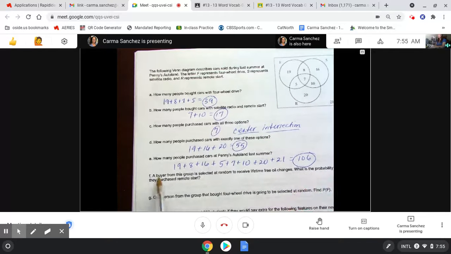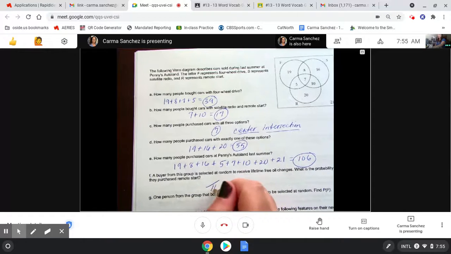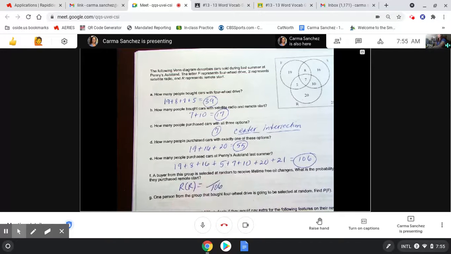A buyer from this group is selected at random to receive lifetime free oil changes. What is the probability that they purchased remote start? So of the total people who purchased, what's the probability of remote start? So remote start is the R, it's the entire R circle. So 20 plus 10 plus 7 plus 5.